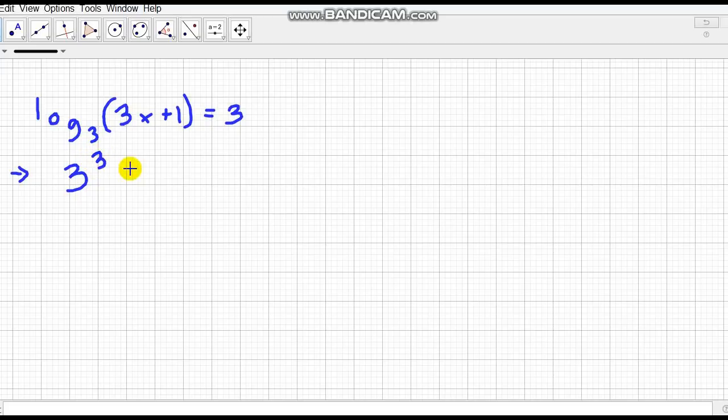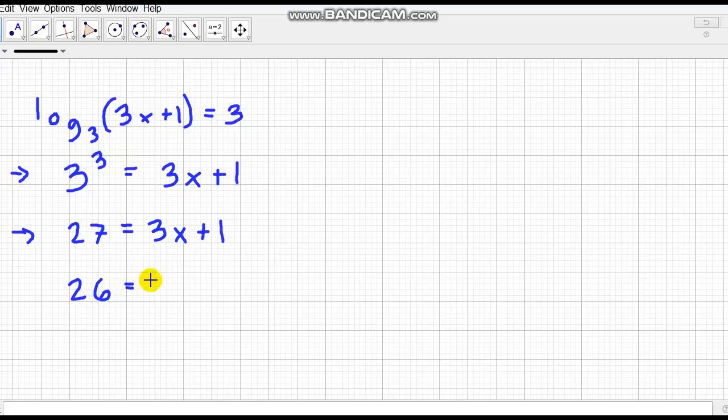So 3 cubed is equal to 3x plus 1. And 3 cubed is 27. So 27 is equal to 3x plus 1. Let's transpose the 1 to the other side. So this becomes 26 is equal to 3x.